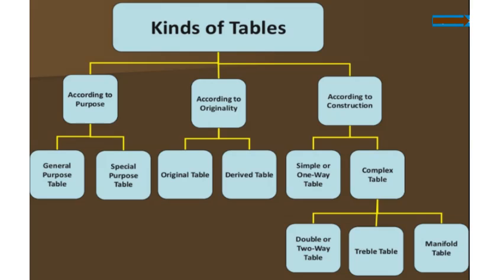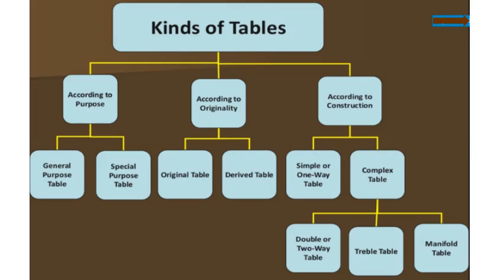So in rural boys, married and unmarried, in college I am talking about, and urban, married and unmarried, rural girls, married and unmarried, and urban girls, married and unmarried. So these are the more than 3 features which we are presenting in a table. That type of table is known as a manifold table.